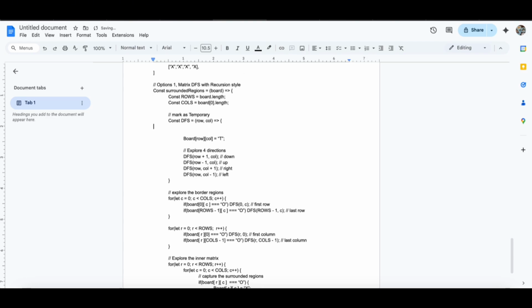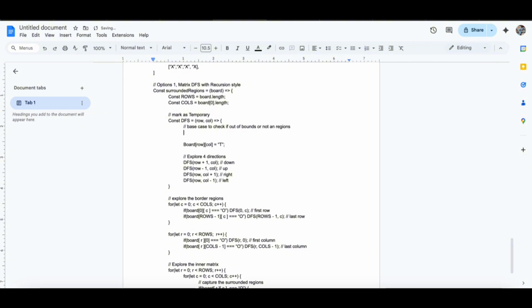Then another thing is that we need to create the base case to check if out of bounds or not on regions.